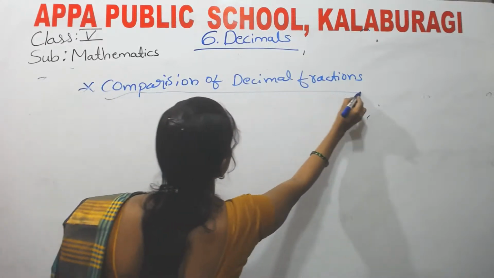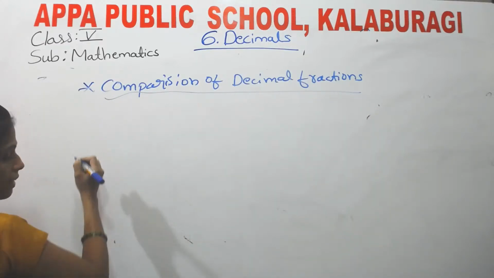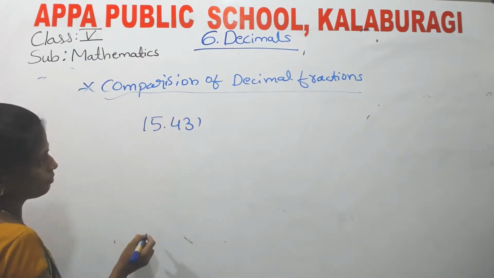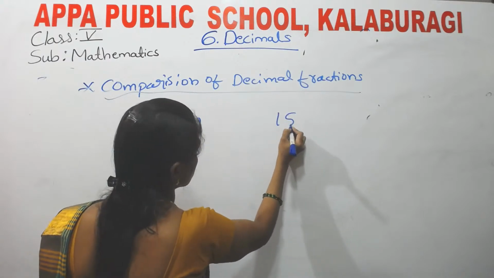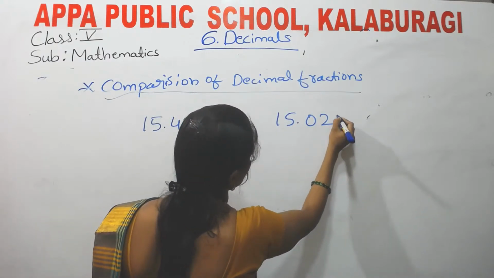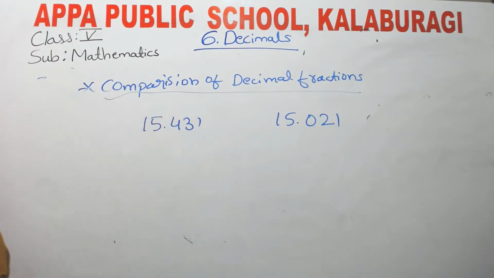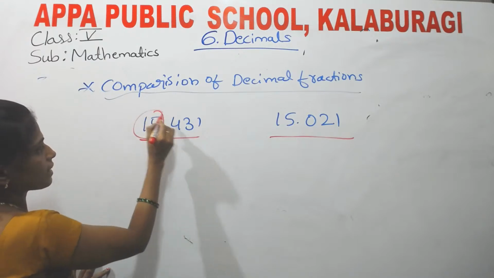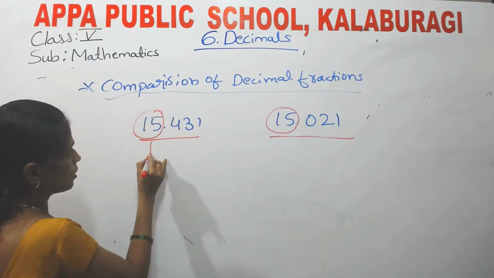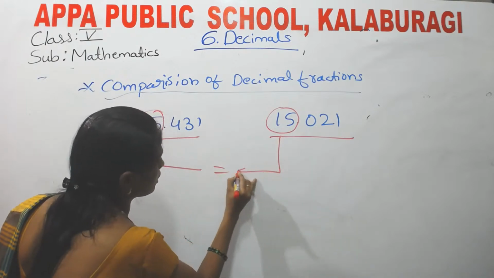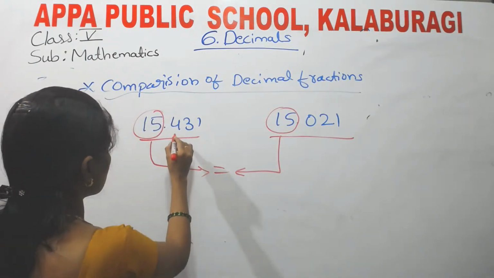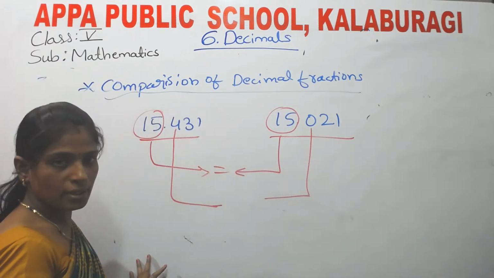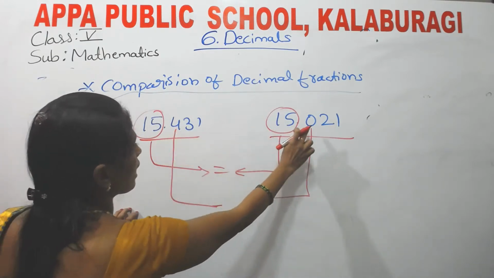How do we compare? See here. Now we take two numbers, 15.431 and 15.021. Compare these two numbers. Here also 15. The integral part is equal. Next, after the decimal point, the tens place: here is 4 and here is 0.